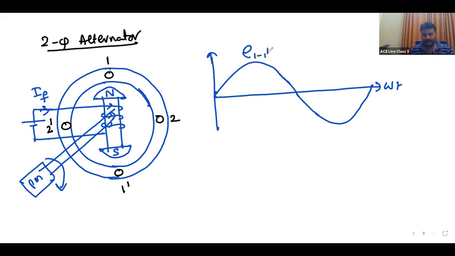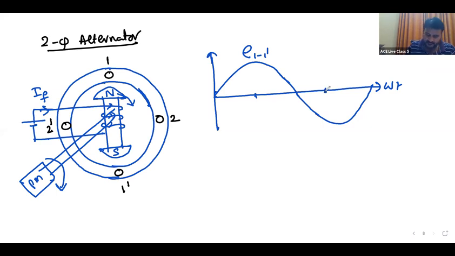And since rotor is rotating in clockwise direction, induced EMF in the second phase will be after 90 degrees of phase 1. Phase 1 is maximum; after 90 degrees, north pole will come under the second phase. So induced EMF in the second phase will be maximum after 90 degrees.